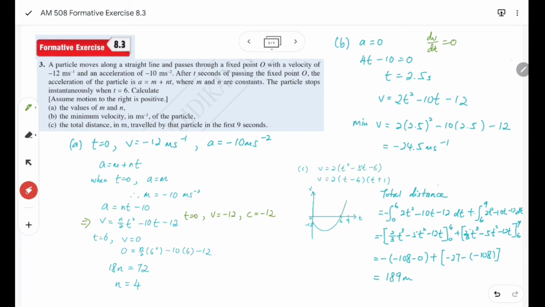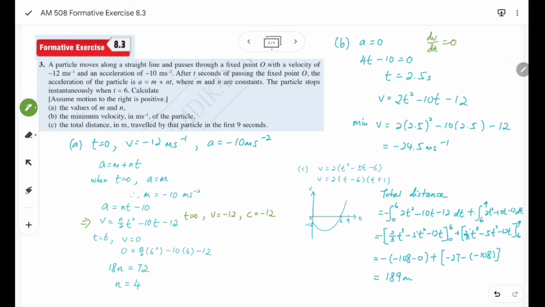So when we are asked to find the total distance, we need to find the area bounded by the curve and the t-axis. So we do integration of the velocity. It's like we are finding the area from the integration.